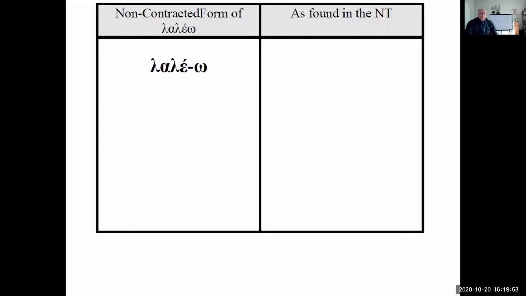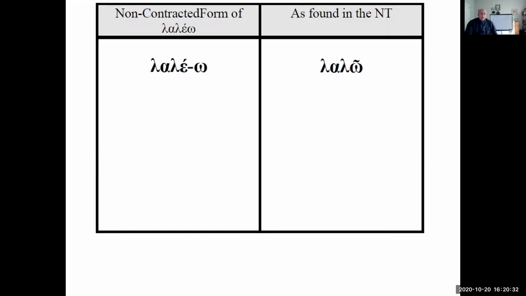What we need to realize now is that laleo is the form you will see in the dictionary if you look up the word. The reason that it keeps the epsilon in the stem is so you can see how it will interact with different endings. But in the New Testament itself, you will never see laleo, you will only see lalo. In this marriage of epsilon and omega, omega is the stronger of the two vowels and simply takes over.